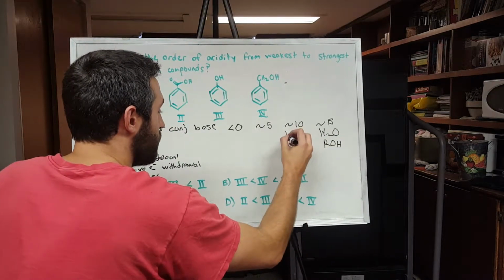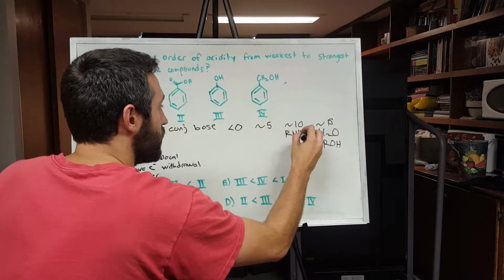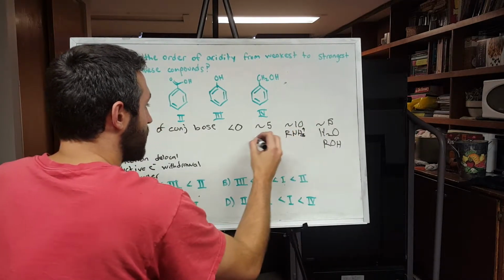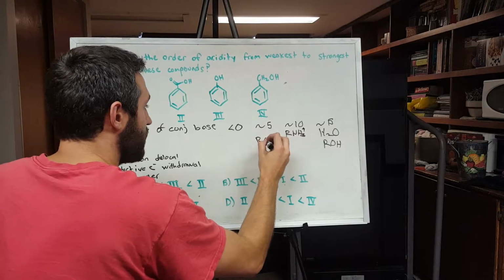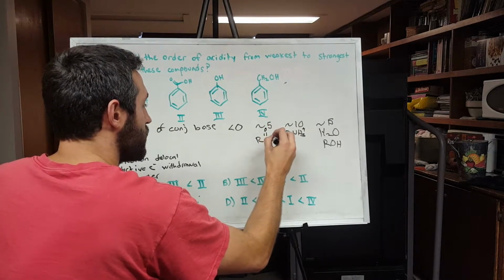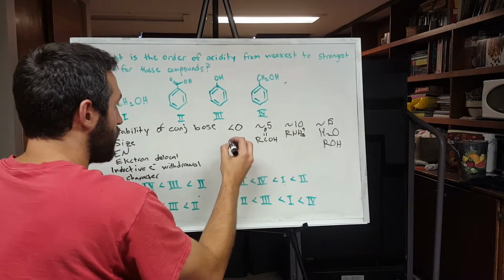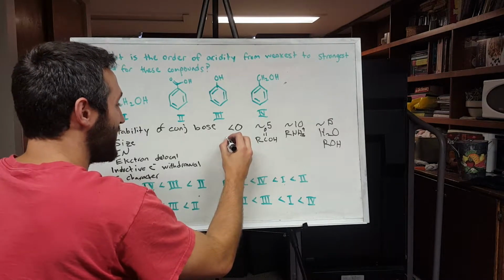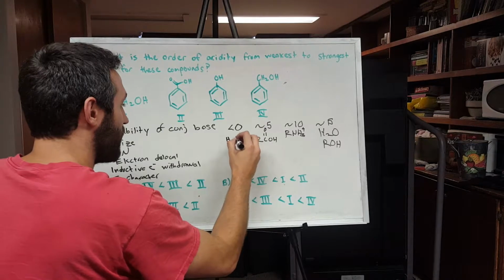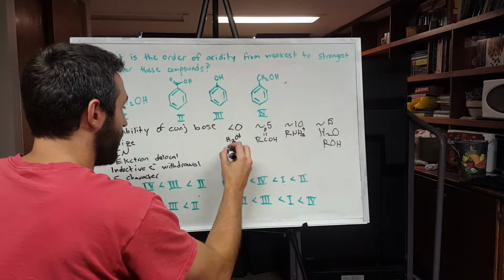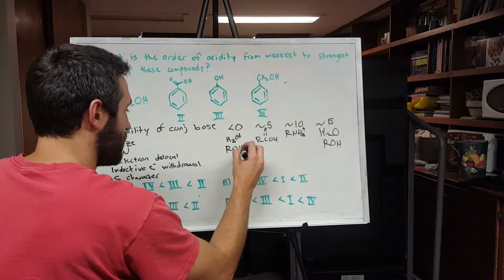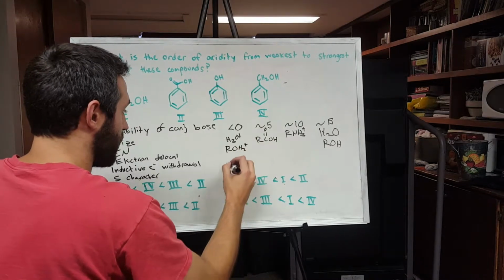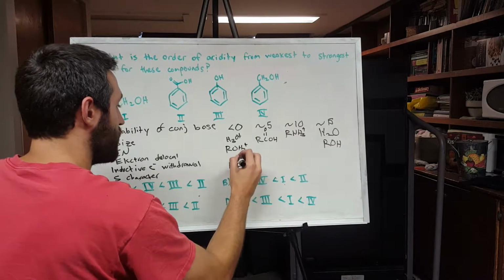Approximately 10 is protonated amines. Approximately 5 is carboxylic acid. And less than 0 is protonated water, protonated alcohol, and protonated carboxylic acid.